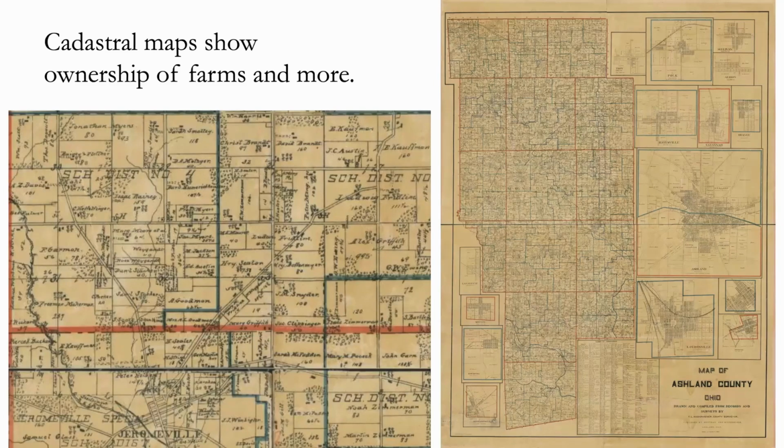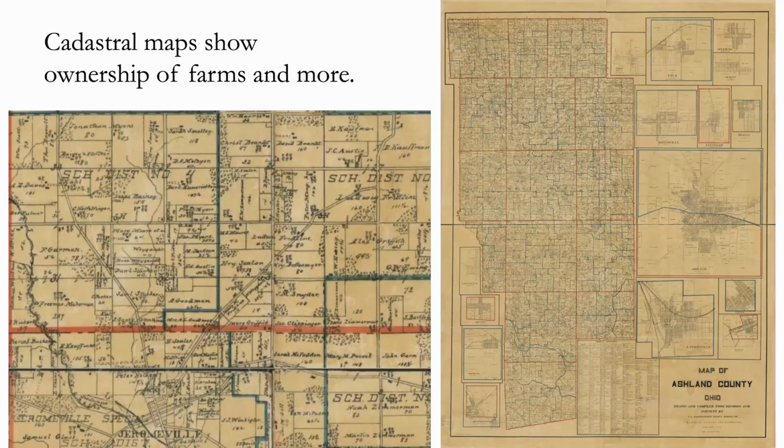Now, taxes and property ownership are very closely related, and both of them help you talk about movement. Let's say your person is in Iowa and all of a sudden disappears. Well, they could have died. But if we look through the tax records, we may find out that there was some other disposition. They sold the farm. They're no longer the owner of the farm.